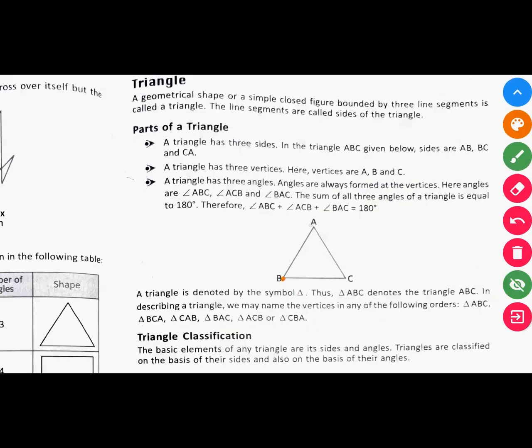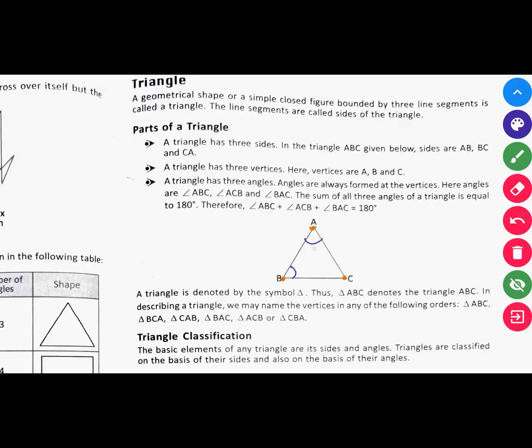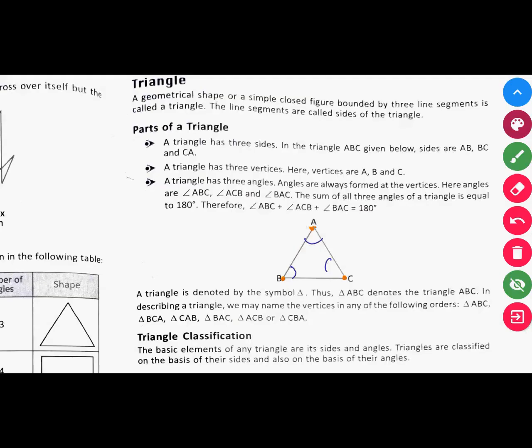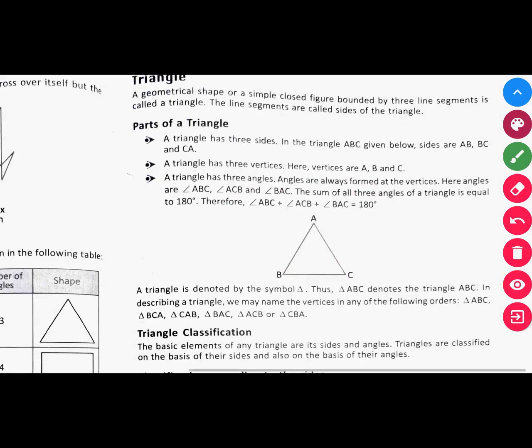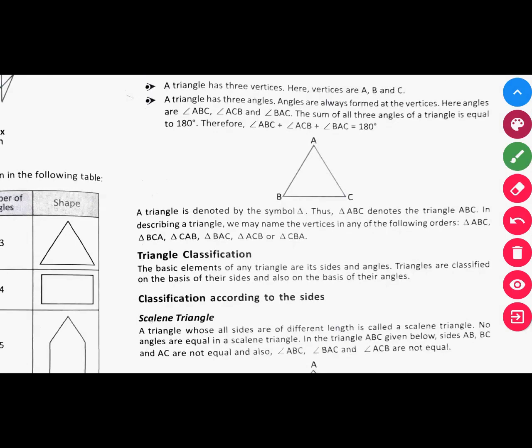Wait, these are the vertices. Okay, now angle with the purple one, and sides with the red color or black color. These are the sides. Okay, so 3 angles, 3 vertices, 3 sides.